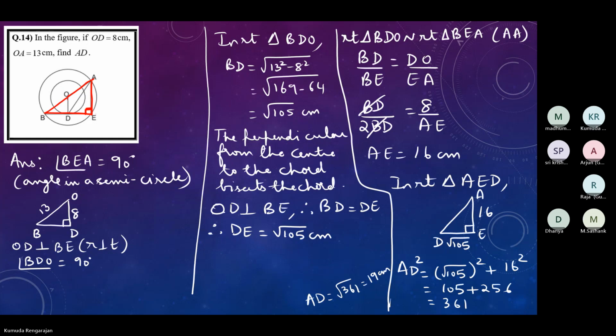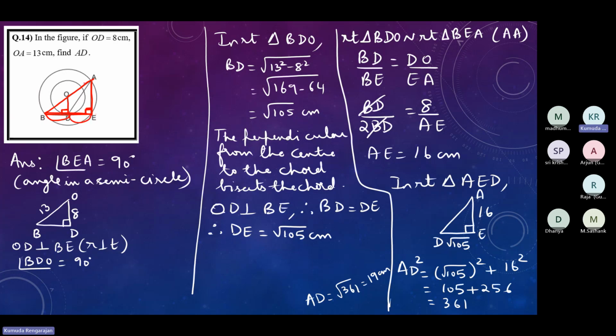And then OD is a radius to the inner circle, BE is tangent to the inner circle. Radius and tangent at the point of contact are perpendicular to each other. Now, when you consider BE as the chord to the outer circle, the perpendicular from the center to the chord bisects the chord. So BD is equal to DE.